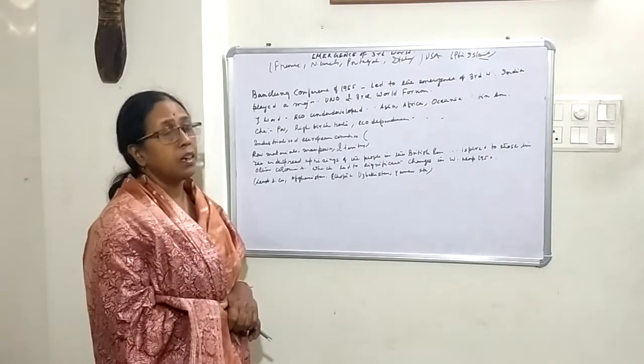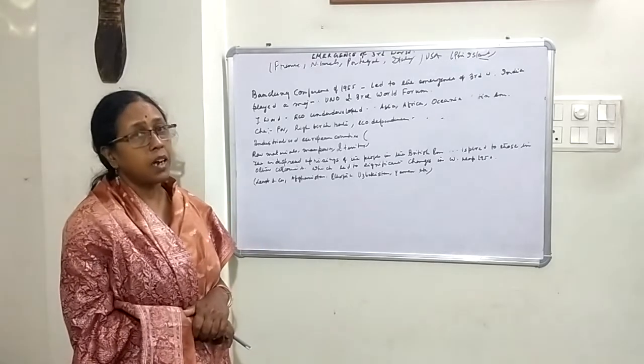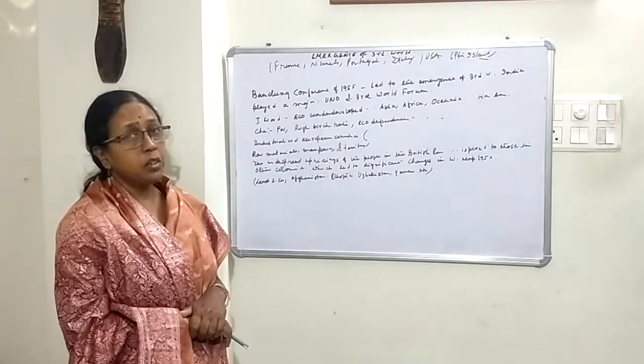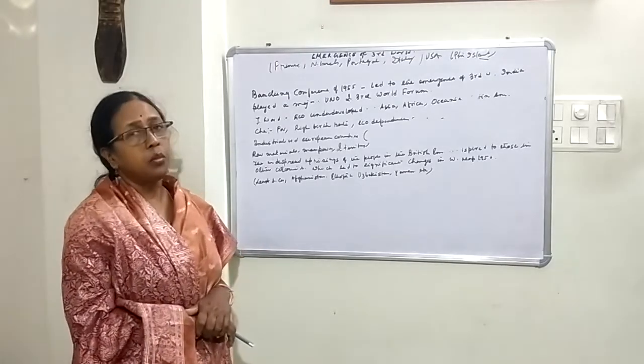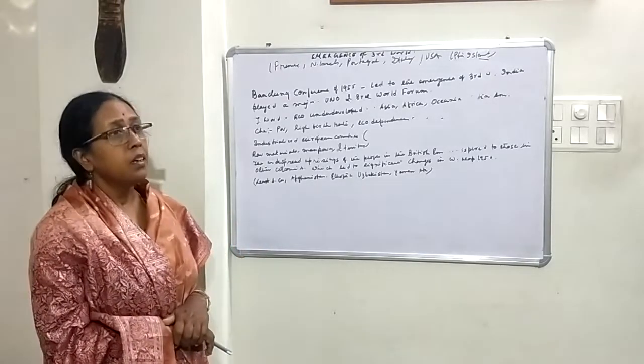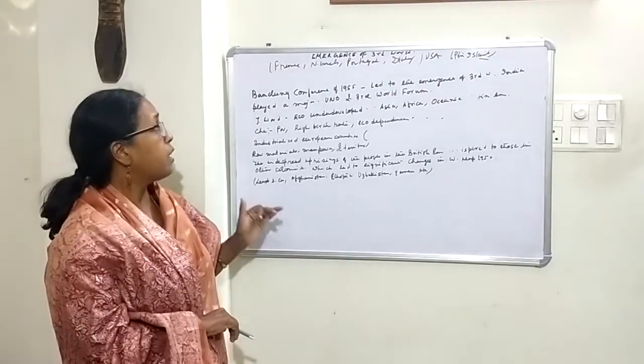Those underdeveloped countries, which were at one time colonies of one of the European powers and who got independence, are termed as third world countries.